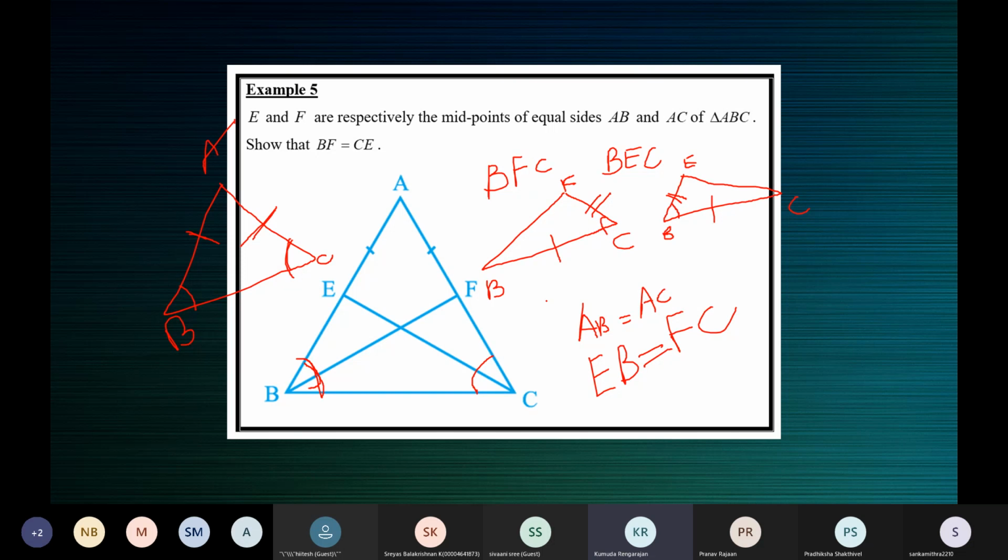Angle ACB is also FCB, which is an angle of this triangle, and angle ABC is also angle EBC, which is an angle of this triangle. So these three equalities make SAS. By SAS congruence criterion, these two triangles are congruent to each other. By CPCTC, it follows BF is equal to CE.